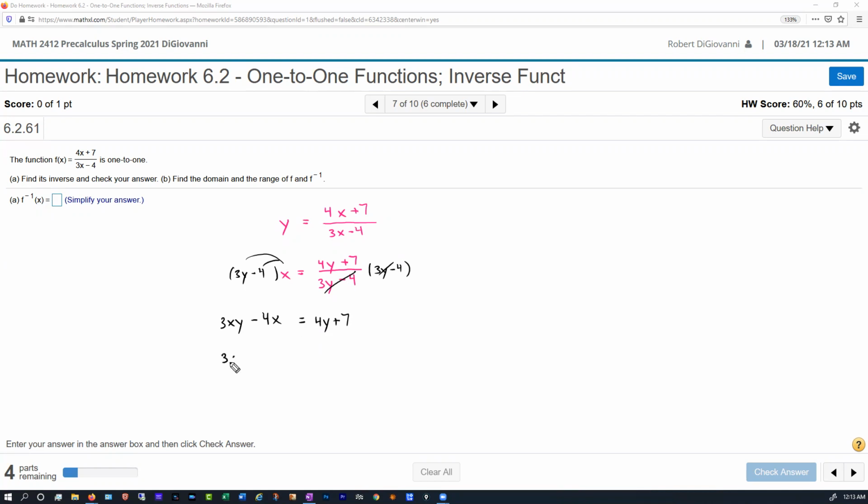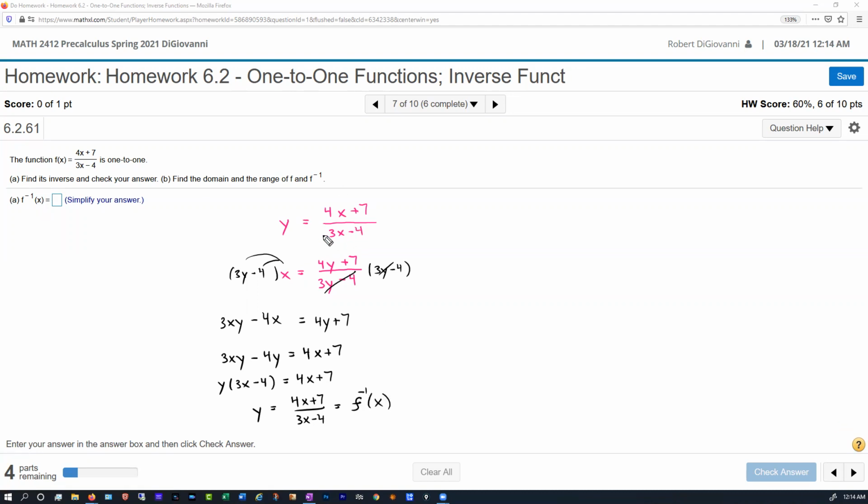So I'm going to get everything that has y on one side of the equation, and everything that does not have y goes to the other side. That way I can factor a y out of the left side. And then I can divide through by 3x minus 4. Okay, that should be the inverse function.